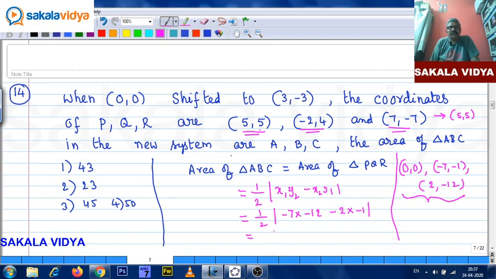So this equals half multiplied by 84 plus 2, that is 86 by 2, which value is 43. So our answer is 43. First option is the right option.